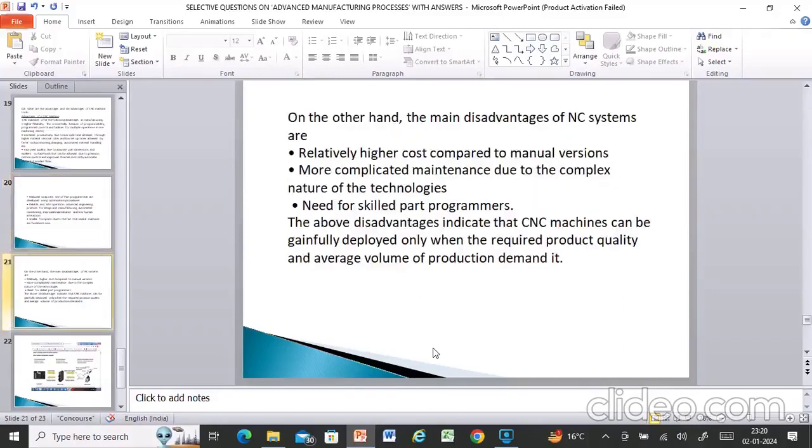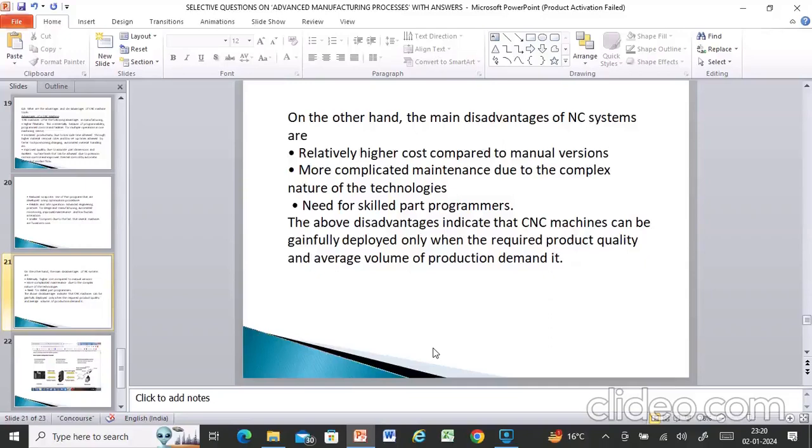On the other hand, the main disadvantages of the NC system are relatively higher cost compared to manual versions. It is very costly compared to the normal, conventional machines, but you are getting so much out of it. More complicated maintenance due to the complex nature of the technologies.